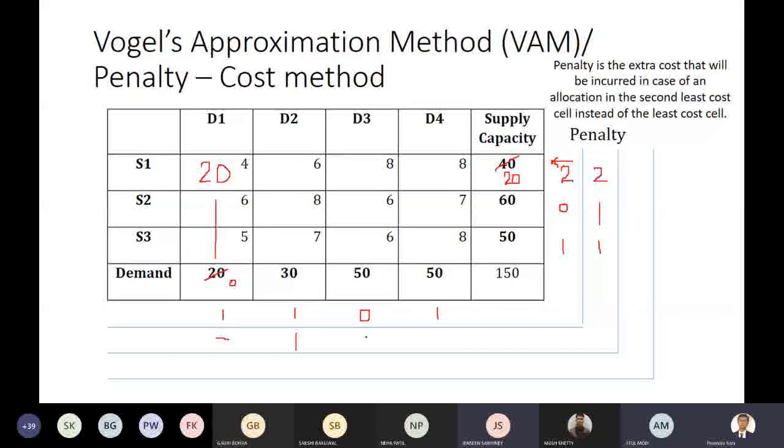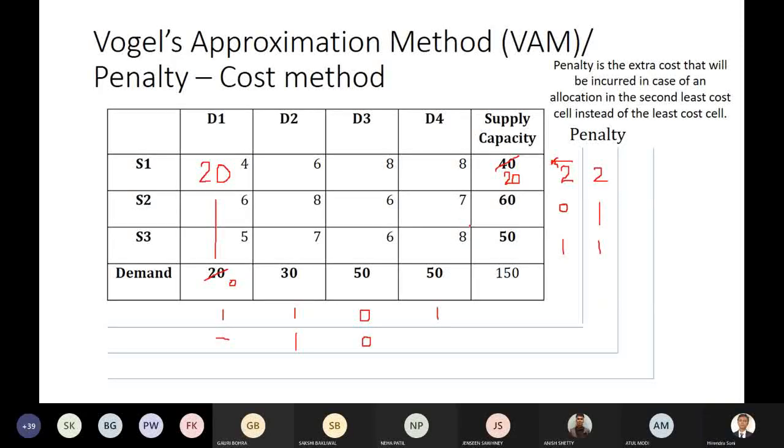It would be 0 because we have got two 6 least cost cells. So 6 minus 6. Penalty is, if I am not able to allocate in a least cost cell, what is the extra that I am going to pay if I have to make an allocation in another cell? We have got two options here. Hence, the penalty would be 0.